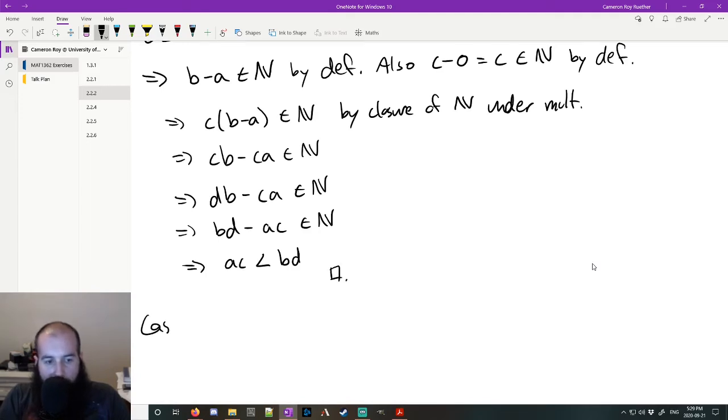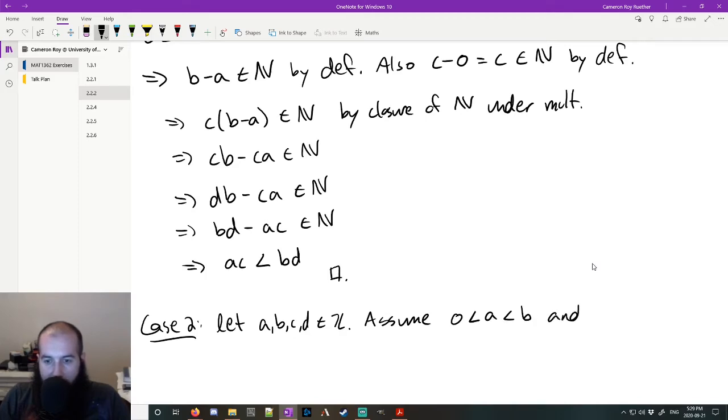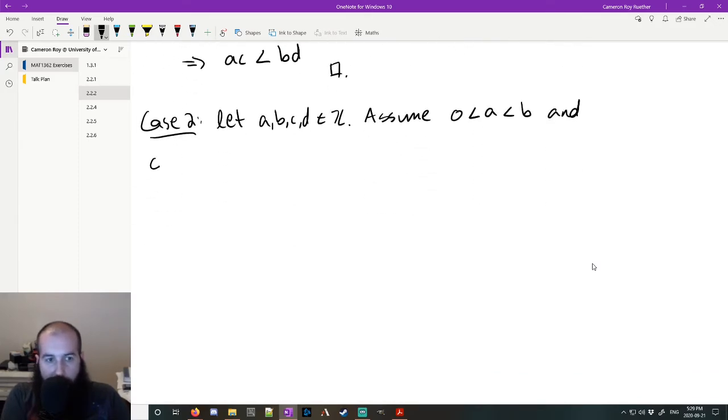In case 2, let a, b, c, d be integers, and assume that 0 is less than a is less than b, and now we assume that 0 is less than c is less than d. We're going to unpack a few things here.